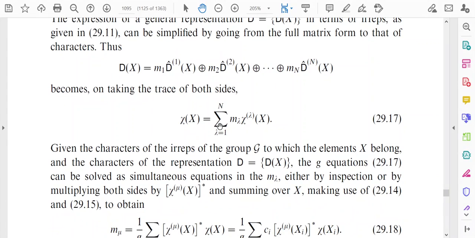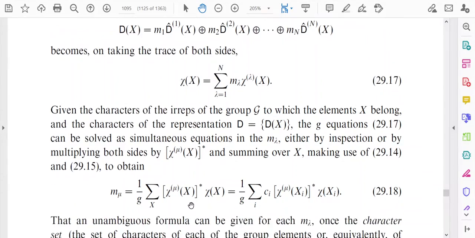Now this equation can be slightly rearranged if you take help of equations 29.14 and 29.15, which were already discussed in my earlier lecture. I am not going to discuss the detailed mathematical steps, but what we can show is that m_mu is equal to 1 by g, sum over c_i, chi_mu(x_i) and chi(x_i). So this comes from two different representations.